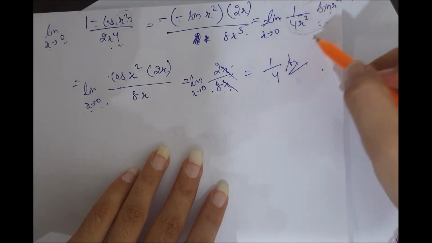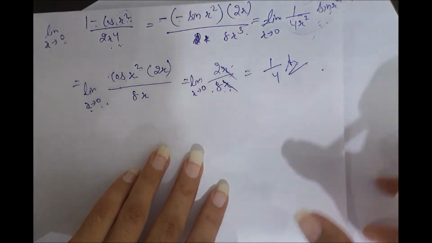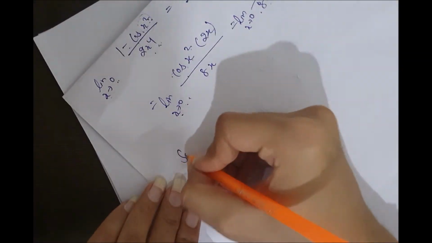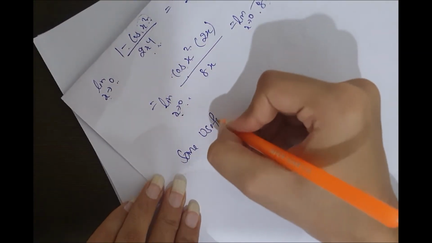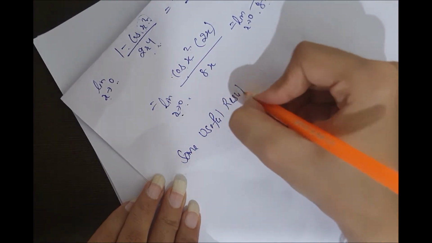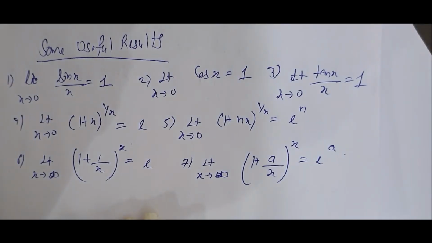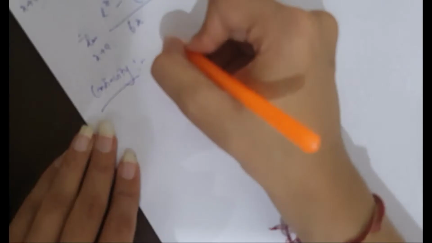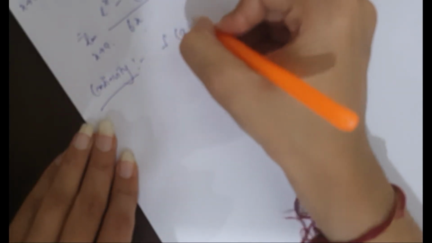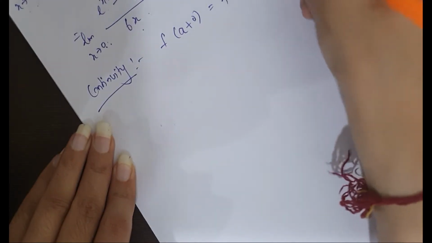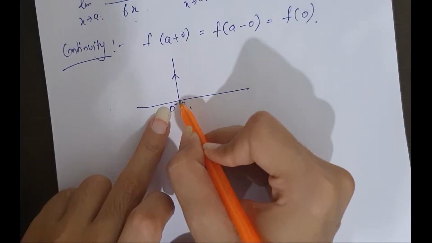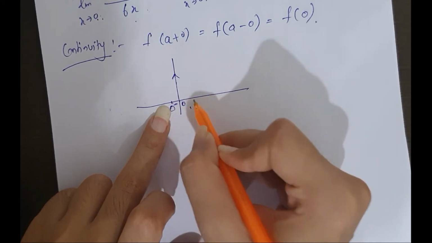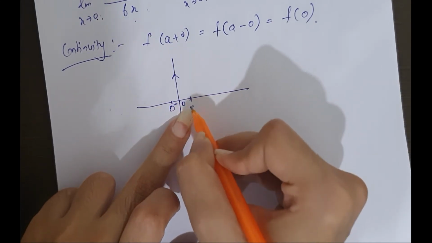We can finish this here if we remember some results. Just before 0 is 0 minus and just after 0 is 0 plus.